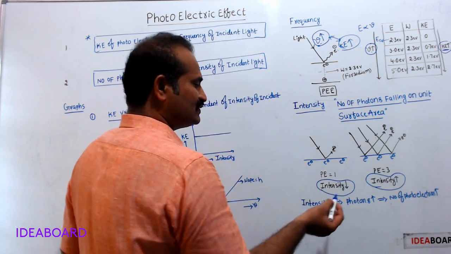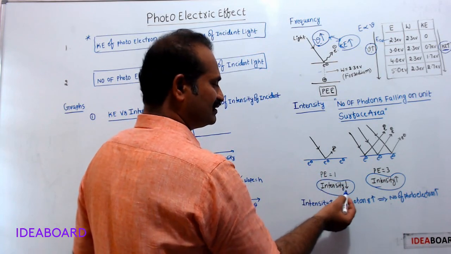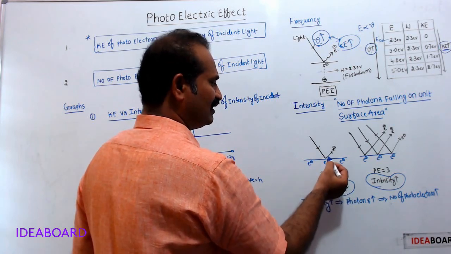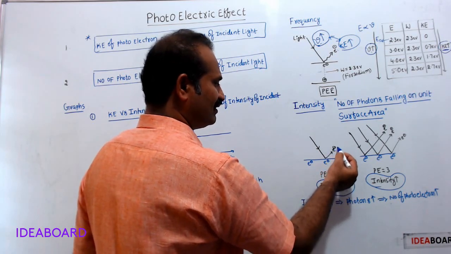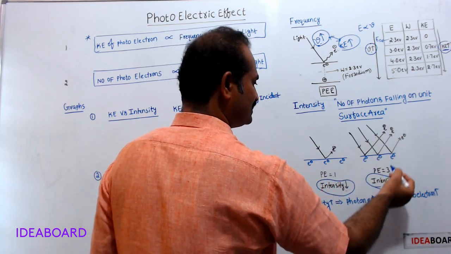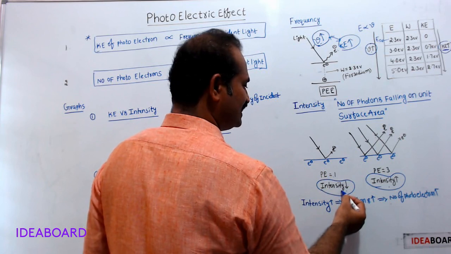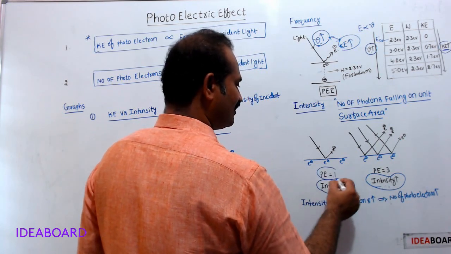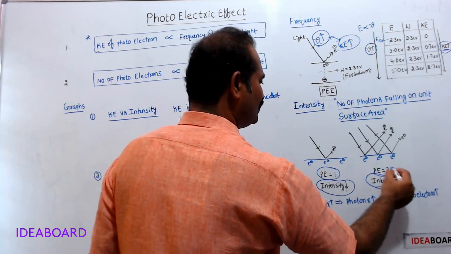Here PE means photoelectrons. When intensity is less, the number of photoelectrons ejected is 1. When intensity is more, 3 electrons are ejected from the metal surface. When intensity increases, the number of photoelectrons also increases from 1 to 3.